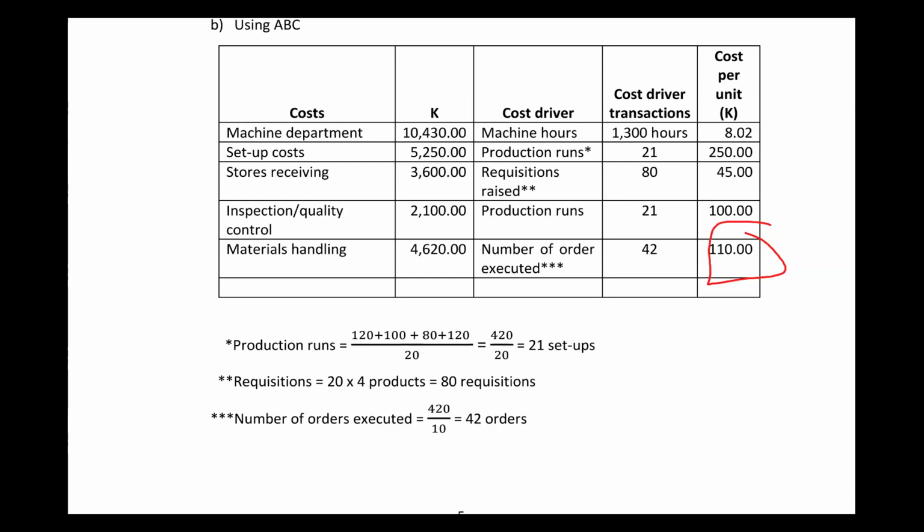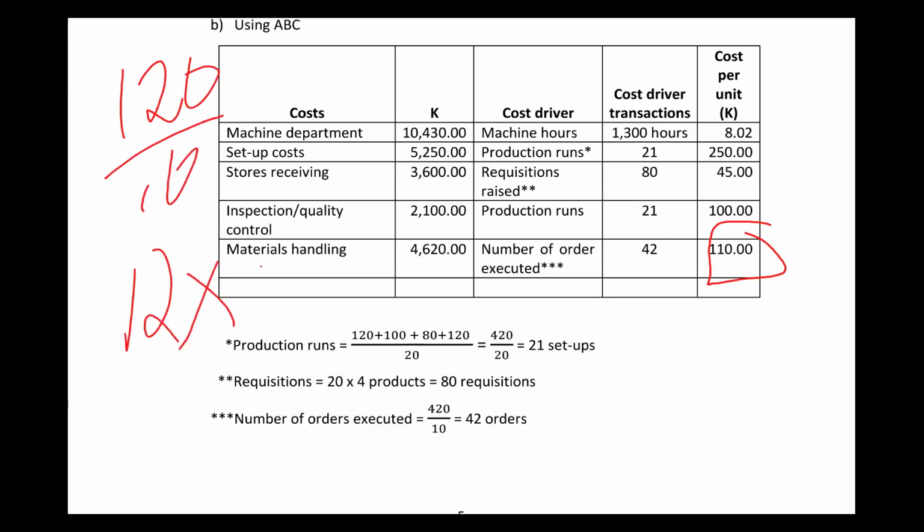To make one, you just divide this, because you're told that they are made in batches of 10. So the number of units for product A is 120. 120 divided by 10 gives us 12. Then 12 times 110. That's how you find what you put for product A under the material handling.